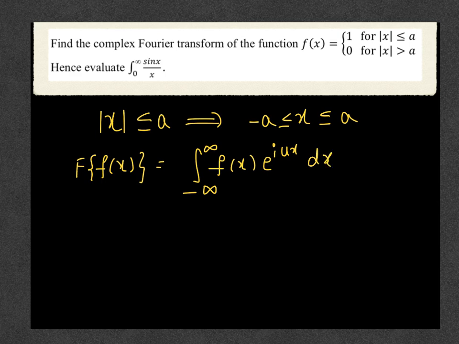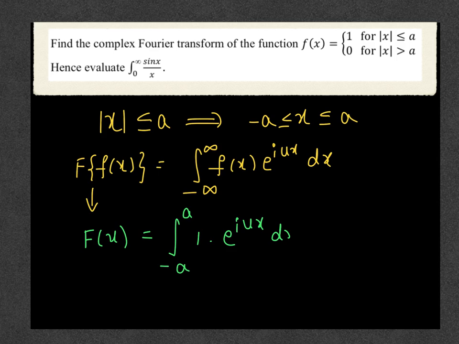Now I'll write this as F of u and substitute the given function. The given function is 1 for the range minus a to a and the remaining all 0. Therefore, I consider the same interval: the integral from minus a to a of 1 times e power iux dx.